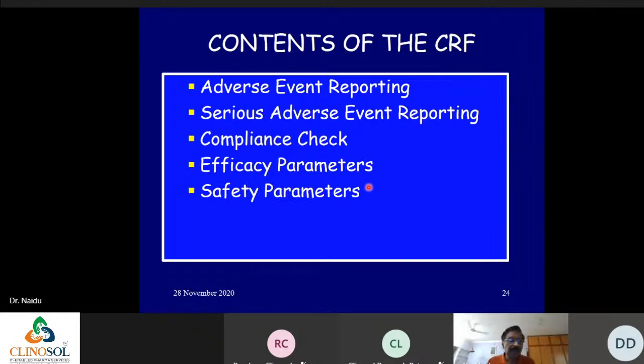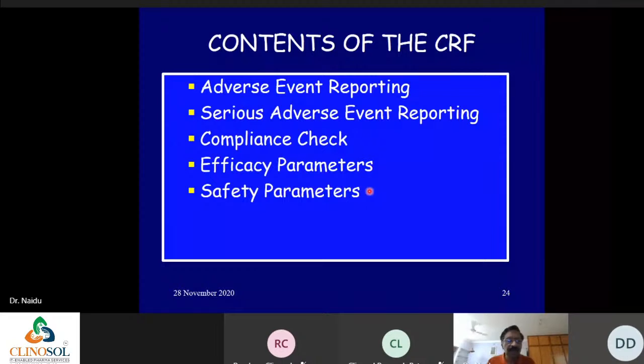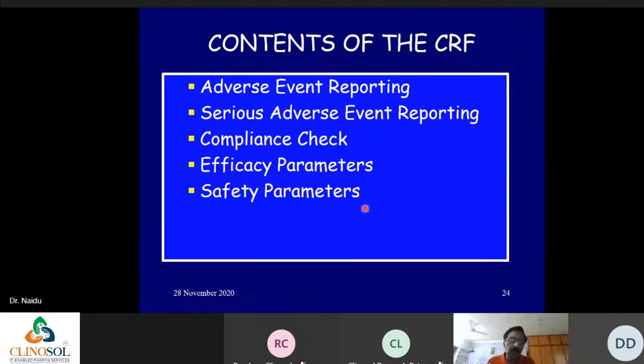Then safety parameters are very, very important, and there should be a checklist, because whenever you are doing any clinical trial, you know that what drug you are using, what standard you are using, and it is very well known that this new drug is known to produce following side effect, or this standard drug is known to produce so many parameters.